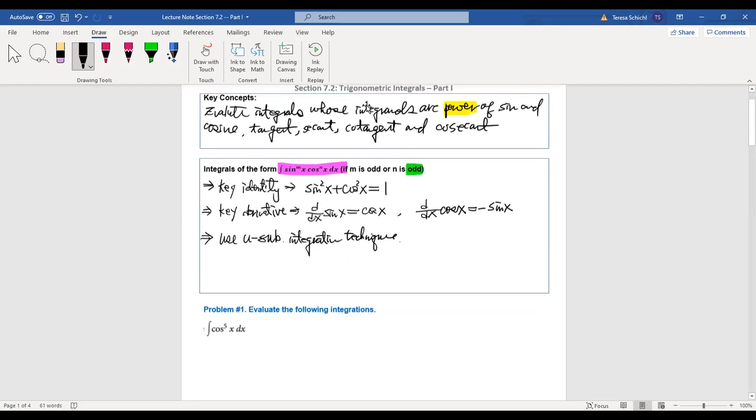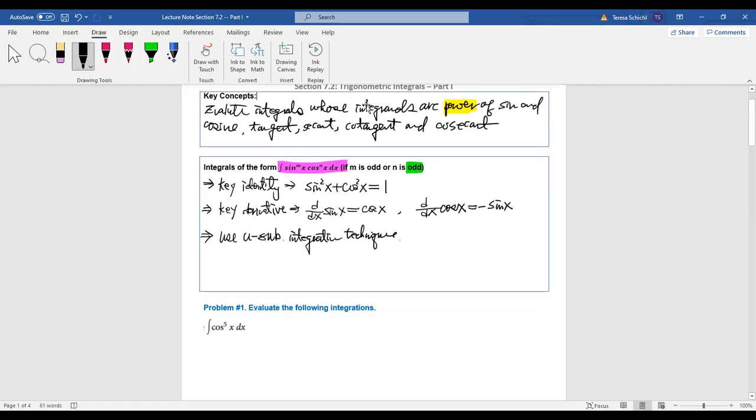Let's take a look at the first problem and see how these three things work. Here we have cosine to the fifth power of x. Even if I don't have a sine, that could be sine to the zero power. It doesn't matter as long as one of them is an odd number, and here the power 5 is odd.